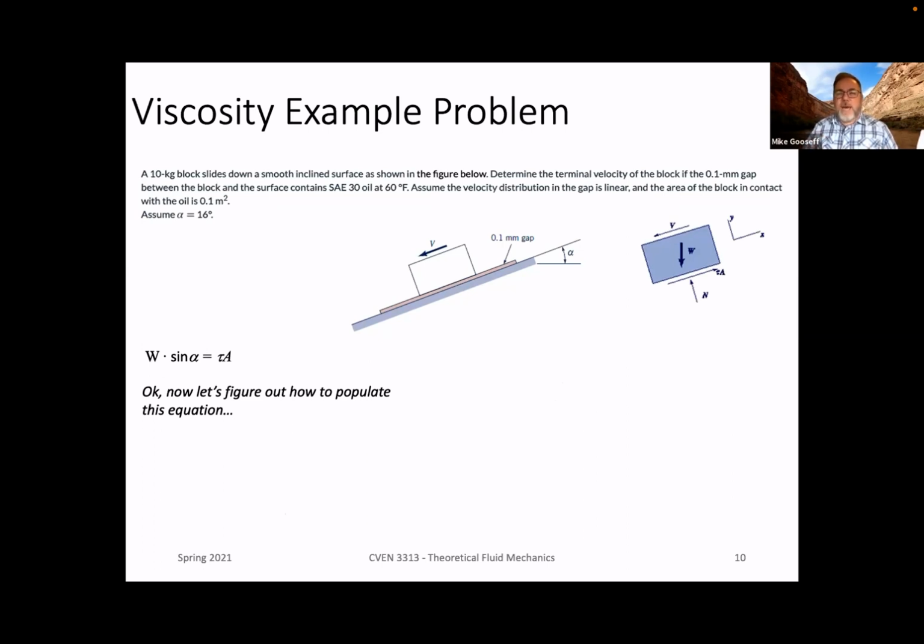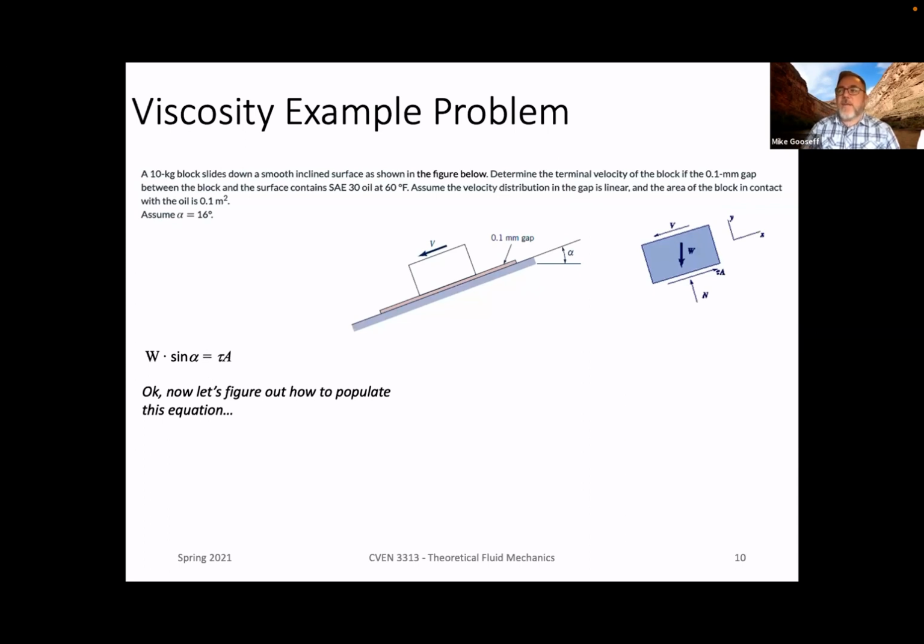So let's figure out how to work with or populate this equation. Now the weight part is going to be easy, right? Because it's m times g, the mass of our block times the gravitational acceleration, pardon me. And then the right-hand side, and we're given alpha, right? So we can calculate the sine of 16 degrees. On the right-hand side, tau, we need to figure out.